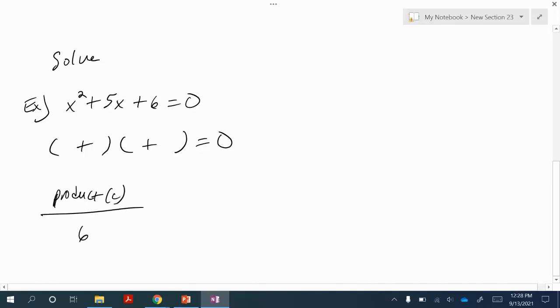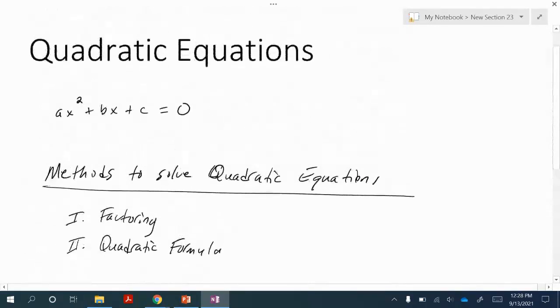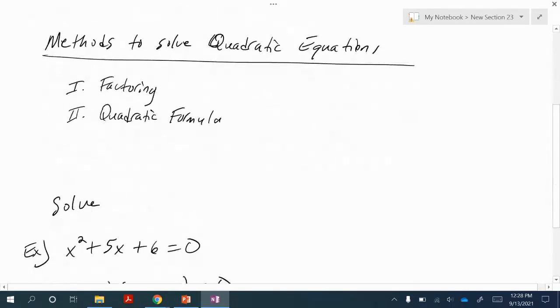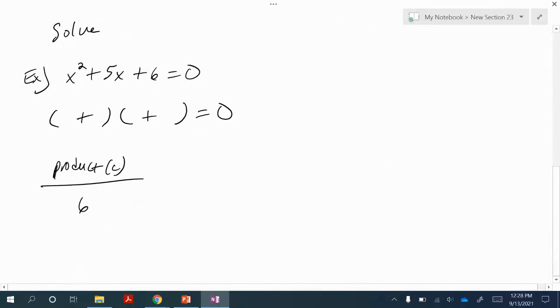So notice I have the product and I have c in parentheses. Well, if we go back to the standard form of a quadratic equation, c is actually that constant on the end. So we need two numbers that are going to give us a 6.